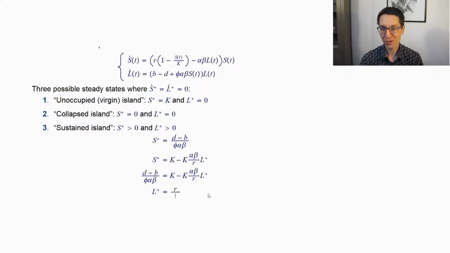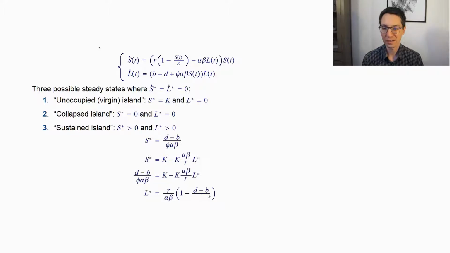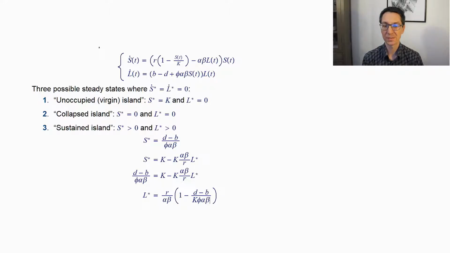After computing, we find that L star equals R divided by alpha beta, which multiplies 1 minus (D minus B) divided by K phi alpha beta.